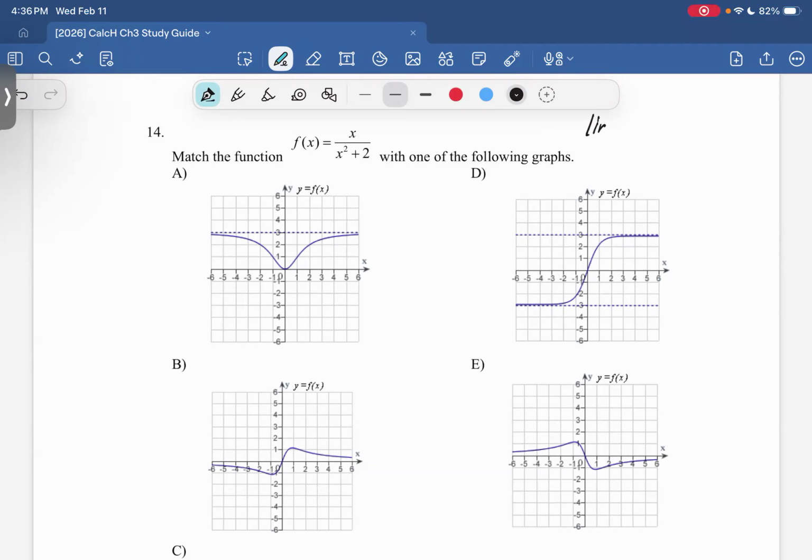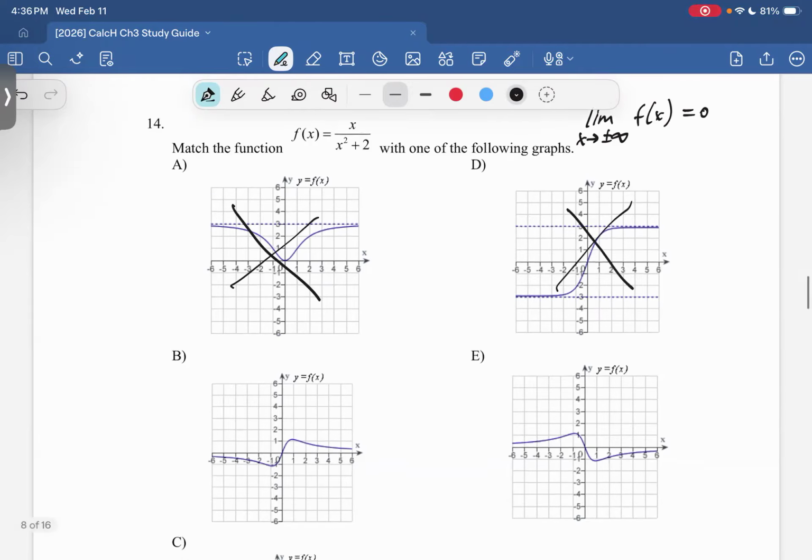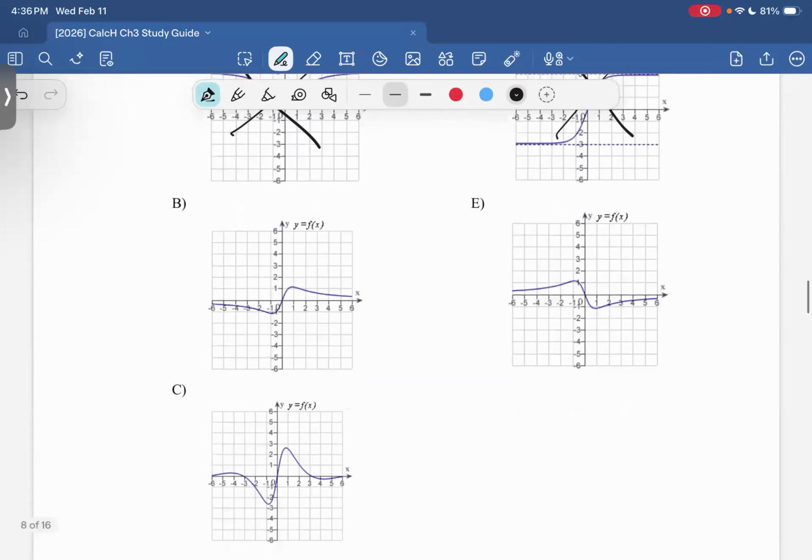So we know that as x approaches positive or negative infinity, the function is actually going to approach 0. The reason is because the degree of the denominator is greater than the degree of the numerator. So that narrows it down. You can't have A or D because the horizontal asymptote is not 0. We're going to be left with B, E, or C.